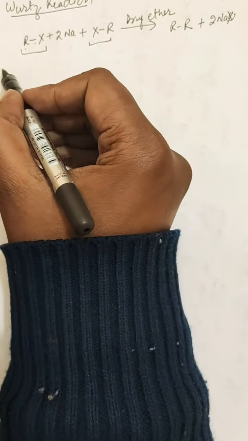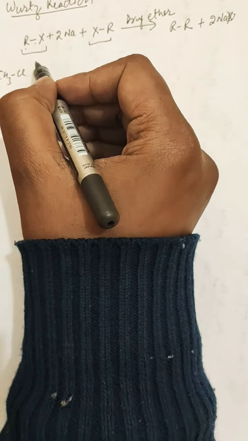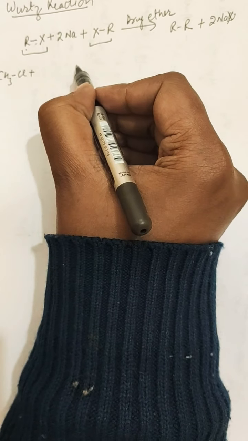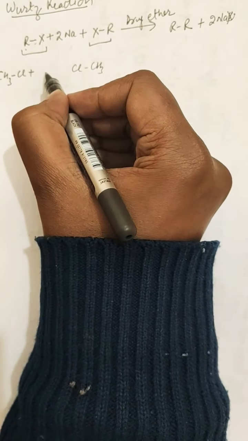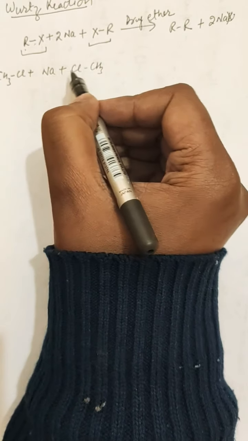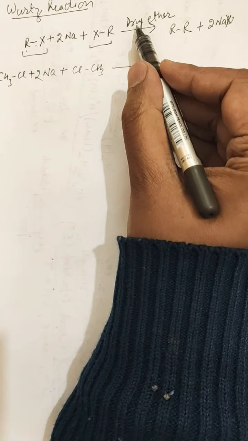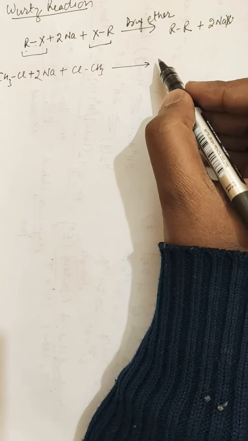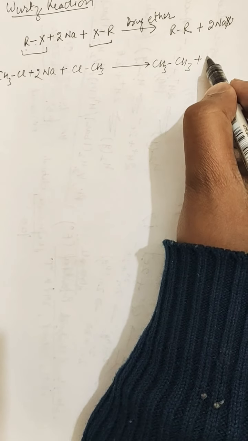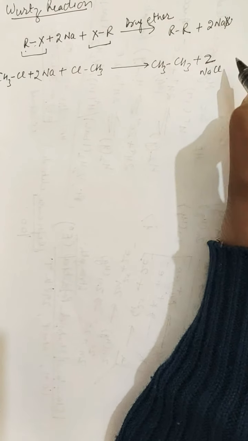So if we take an example, for example, methyl chloride CH3Cl, two molecules of methyl chloride are reacting with two atoms of sodium in dry ether. This will result in the formation of a higher alkane, that is ethane, plus two molecules of sodium chloride NaCl.